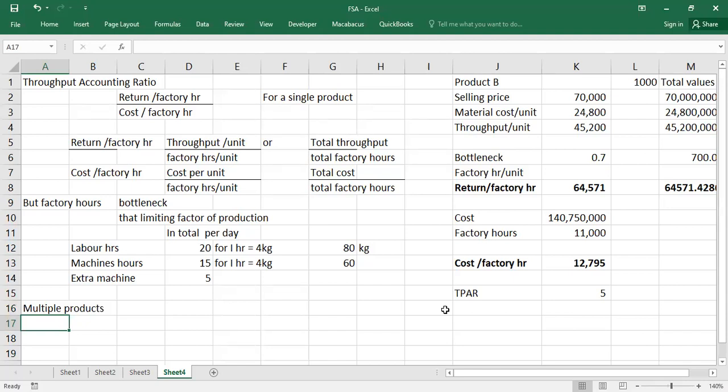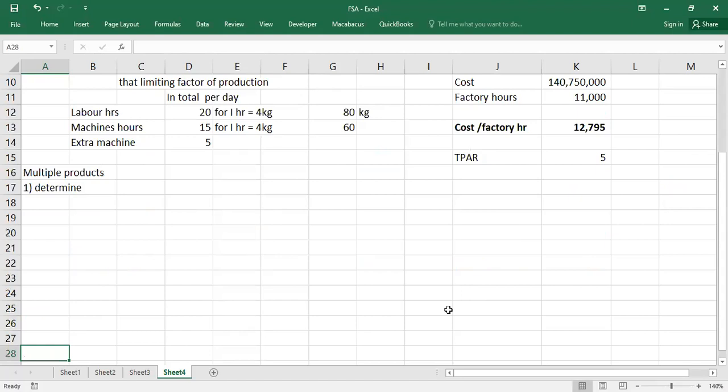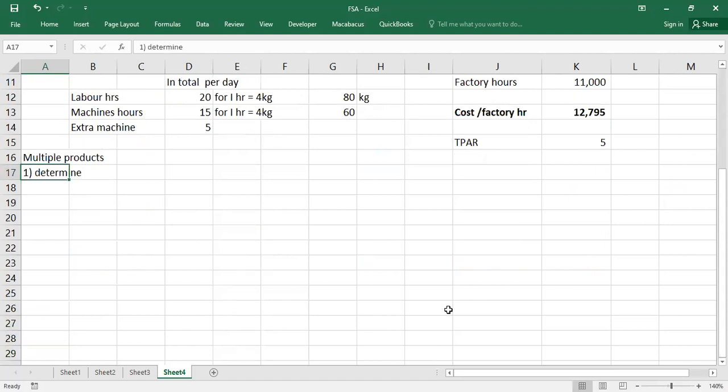Because now the first step, having done the others, is to determine the throughput per unit for each product, because the products will be many.